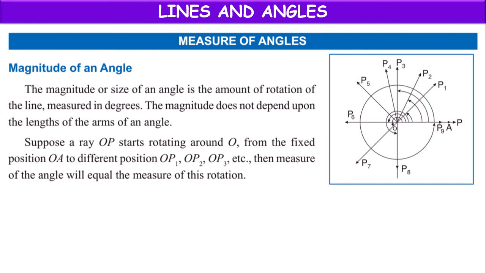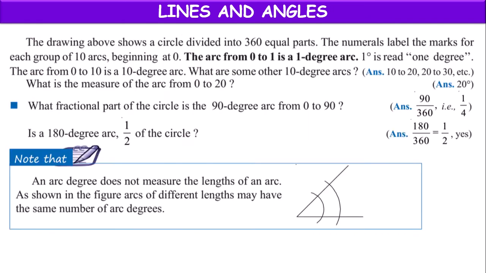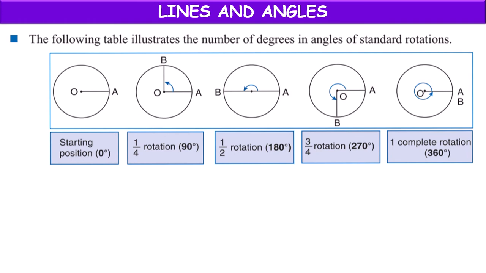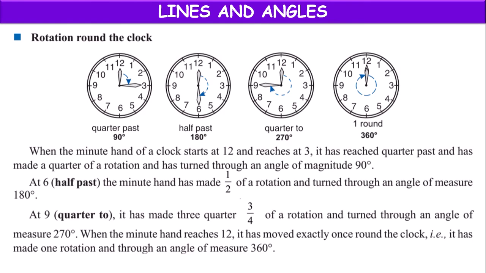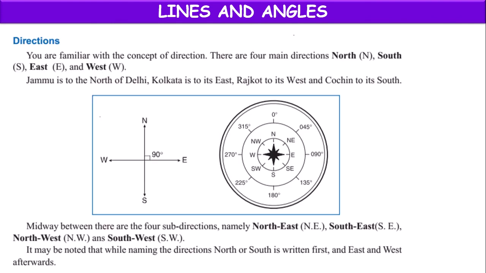Next, measurement of angles, degree measurement of angles, and some basic angles we have discussed. Regarding the clock also we have learned some topics. Next, children, in continuation, let's start today's class with directions.